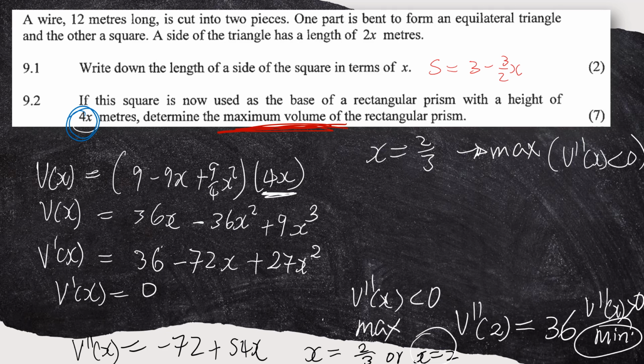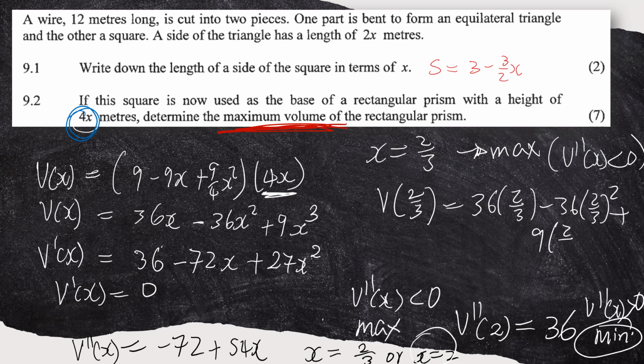To get the maximum volume, where there is x, I'm going to substitute 2/3, because this is the x that maximizes: 36 into 2/3 minus 36 into 2/3 squared, plus 9 into 2/3 to the power 3, because the question wants us to determine the maximum volume.